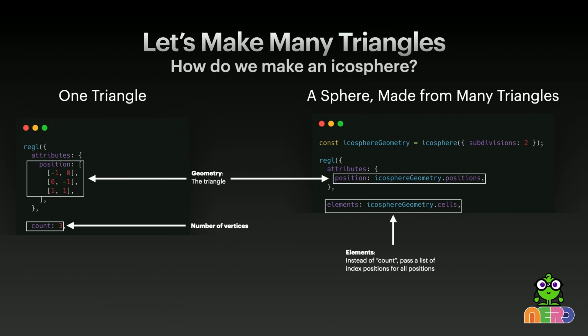So there's a lot of reuse. So instead of just passing a list of random triangles that are all connected to each other, we pass this other list of elements. Instead of a raw count, we have elements, and these just refer to index positions of the positions. So basically, now we can reuse points. It's a more efficient way to pass the data, and it works.